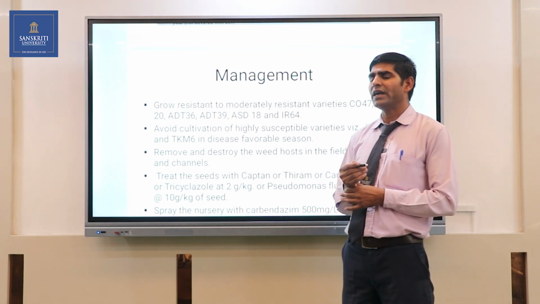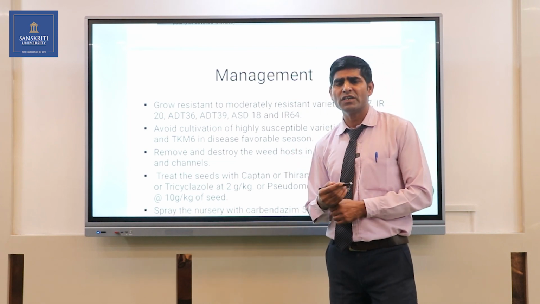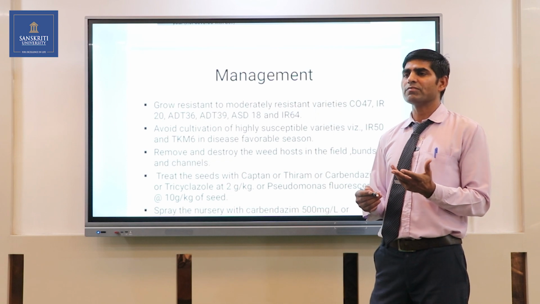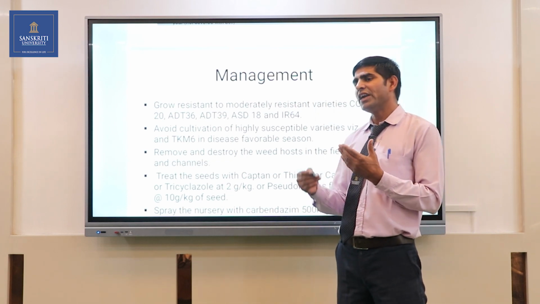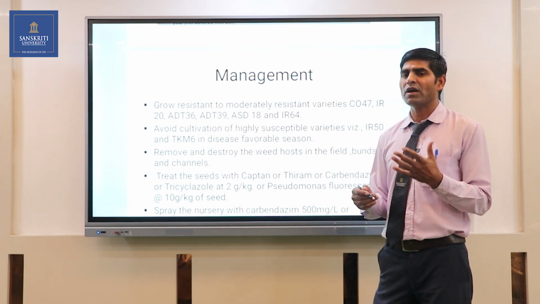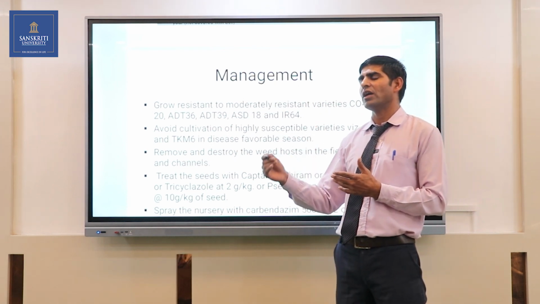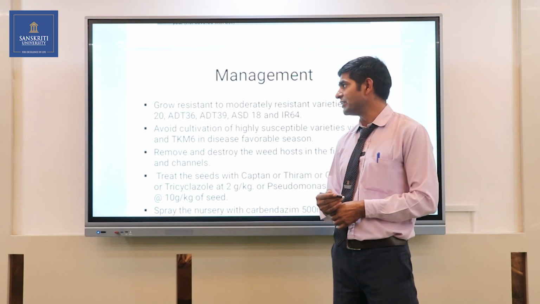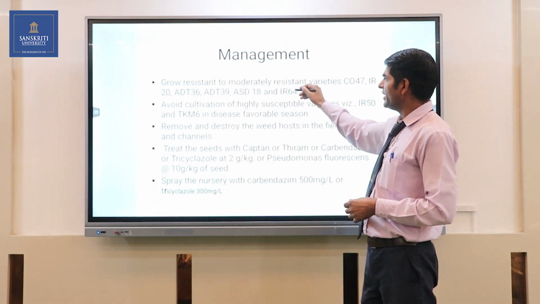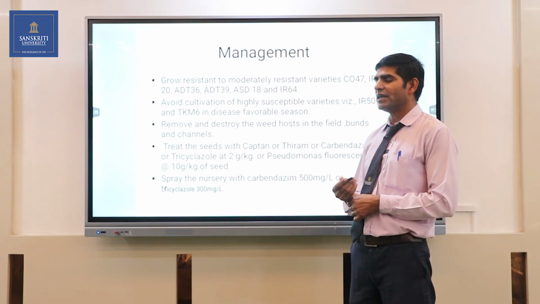What do you mean by a resistant variety? It means the pathogen is unable to infect the rice plant. Generally, we induce a resistance gene inside the crops, so the plant becomes resistant against this particular pathogen, Pyricularia oryzae. And next one, avoid the cultivation of highly susceptible varieties.